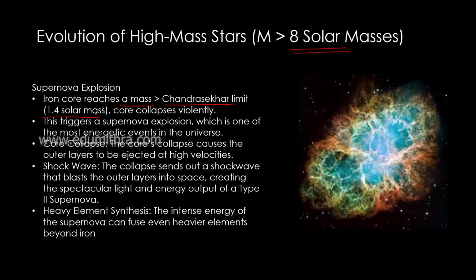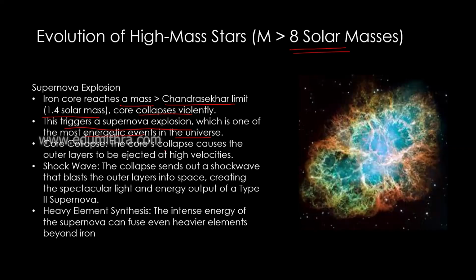For giant stars only, the mass of the iron core becomes more than the Chandrasekhar limit. And what will happen? The core collapses violently, and this triggers a supernova. So initially it happens as a collapse, and because of that collapse, there will be a supernova explosion, which is one of the most energetic events in the universe.